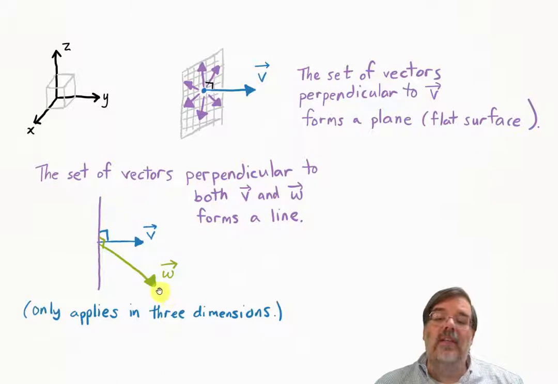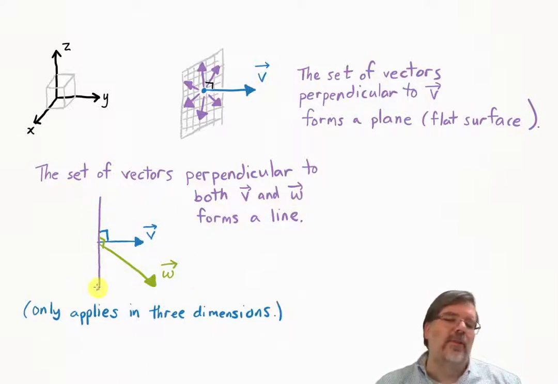And we're interested in the set of vectors perpendicular to both v and w. Well, in that case, the set of vectors actually forms a line. And it's more similar to the 2-dimensional case, so we'll usually work with this set of conditions, finding the set of vectors perpendicular to 2 given vectors.